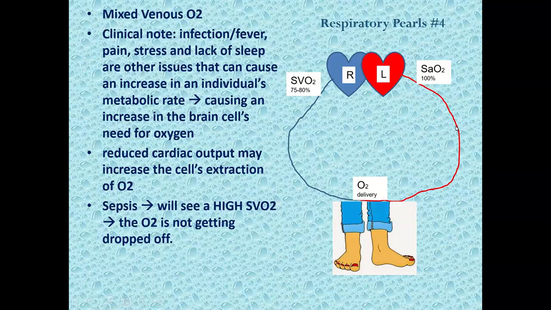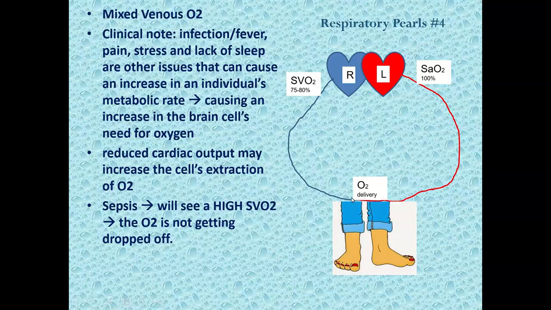And as all UPS trucks do, it drops off the little O2 packages in all of the cells, all the way down to the feet. So we see that O2 delivery is done by our UPS truck as it makes its way around to all of the cells, dropping off O2.